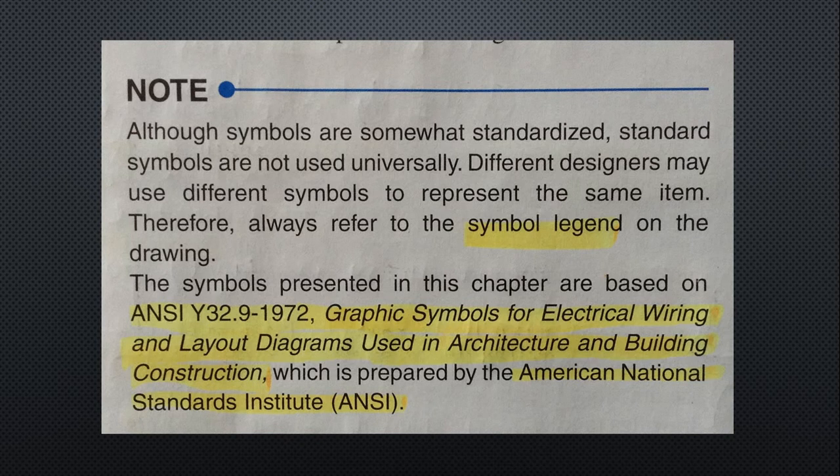The symbols represented in this chapter are based on ANSI Y32.9 from 1972, Graphic Symbols for Electrical Wiring and Layout Diagrams Used in Architecture and Building Construction, which is prepared by the American National Standards Institute, or ANSI.